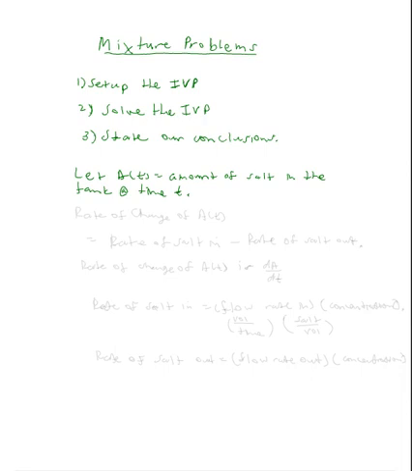Now, to get the differential equation for A of t, we use the fact that the rate of change of A of t at any time t is equal to the rate at which the salt is going into the tank minus the rate at which the salt is going out of the tank.